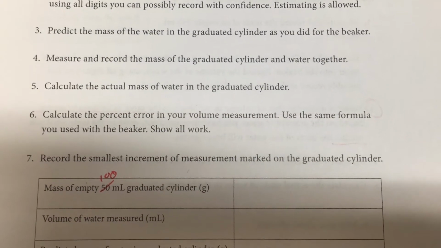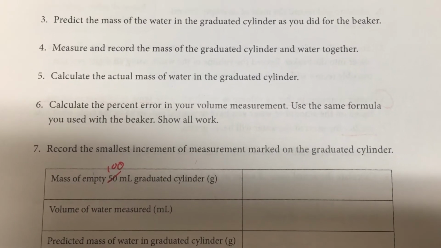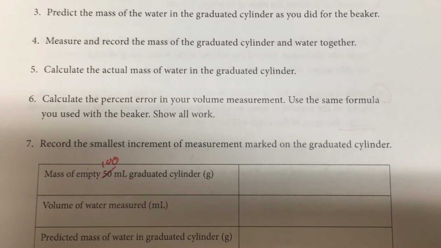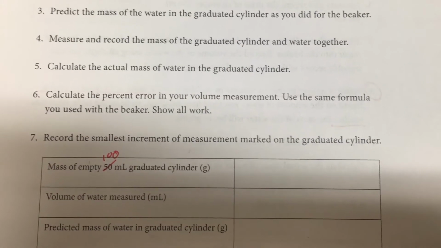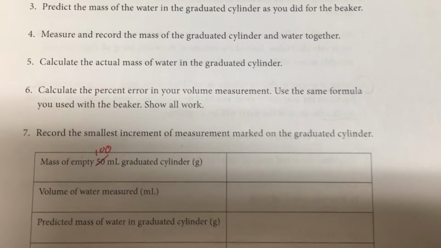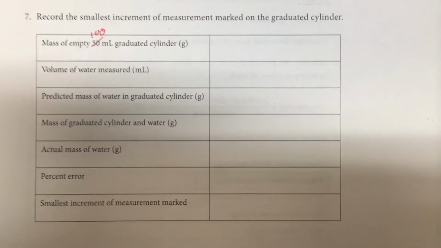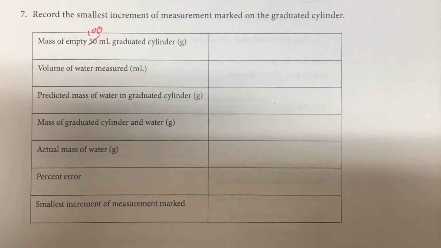Step 6. Calculate the percent error in your volume measurement. Use the same formula as you used with the beaker. Show all work. Step 7. Record the smallest increment of measurement marked on the graduated cylinder. If you have not printed this out, I suggest copying this into your notes.